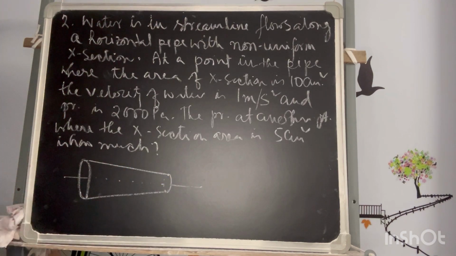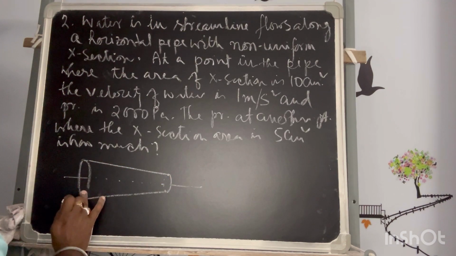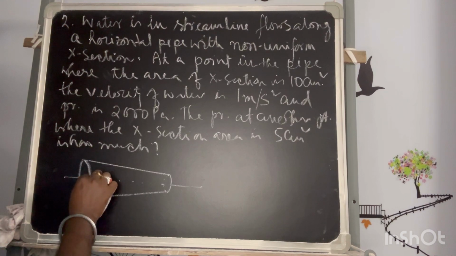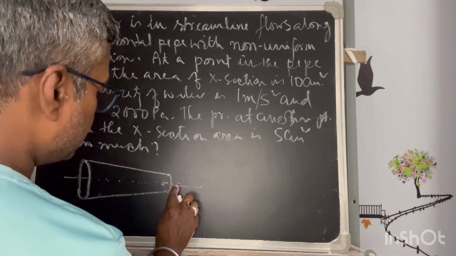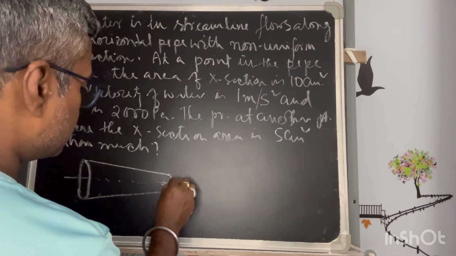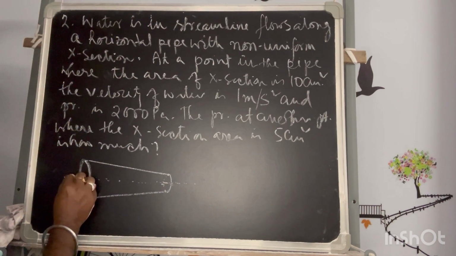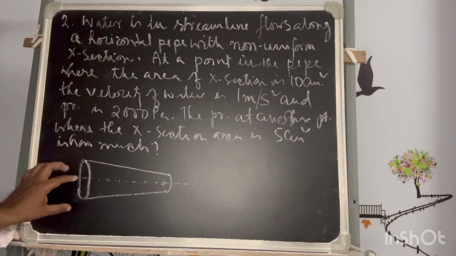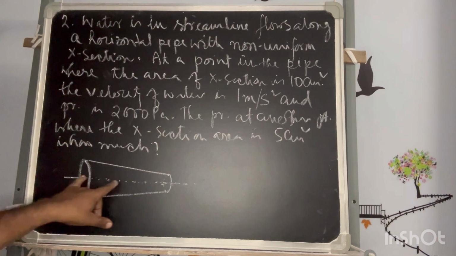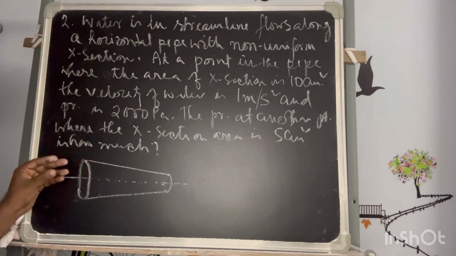That means the reduction in the cross section is uniform. So we can assume the center line of flow is passing through the center line of the body, or you can say the center of mass is flowing through the center line.